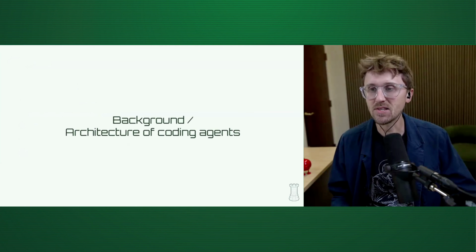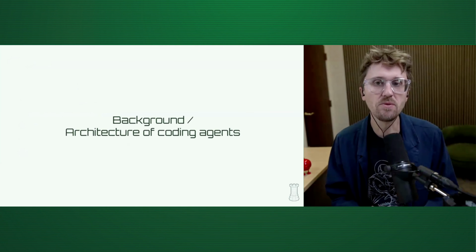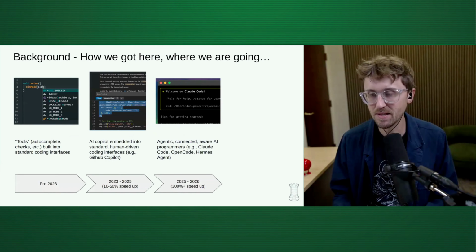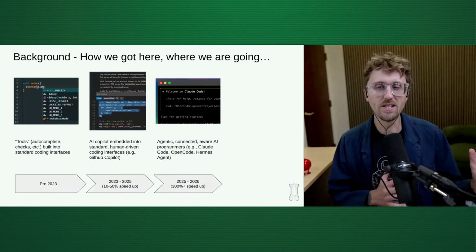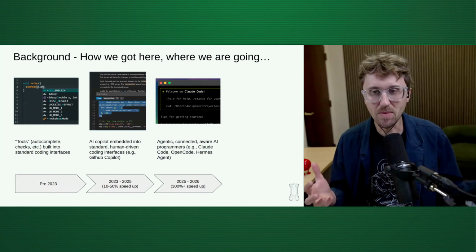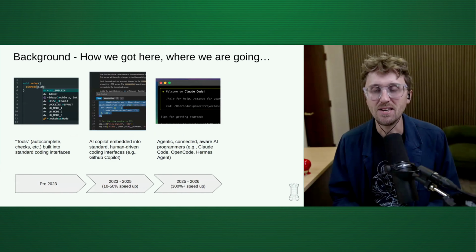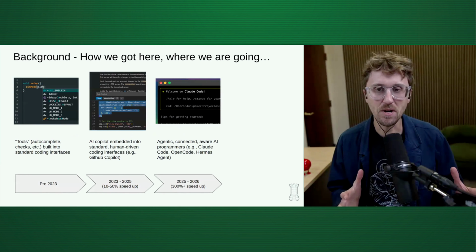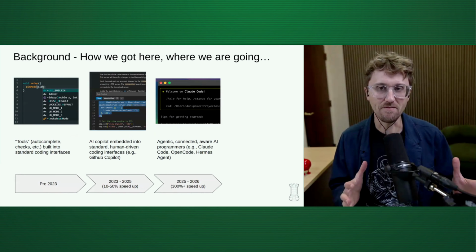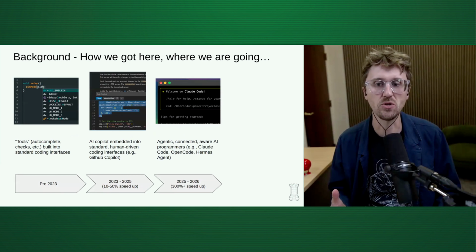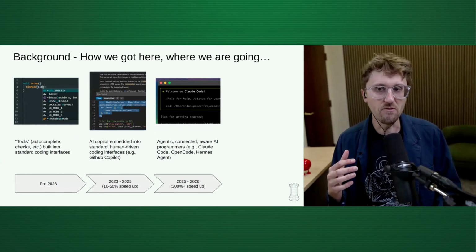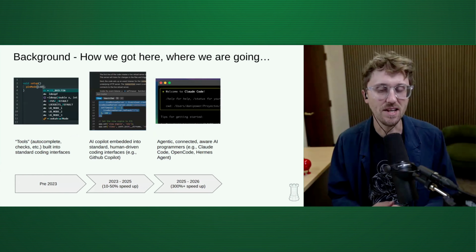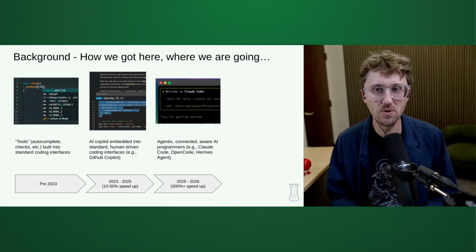So let's go ahead and get started by talking through a little bit of the background and architecture of these coding agents. By way of a little bit of history, I assume we have a few people, either watching on YouTube or live here, that have some experience over time with different types of coding assistant tools. Back before ChatGPT, before generative AI really hit the scene, we still had a lot of developer tools.